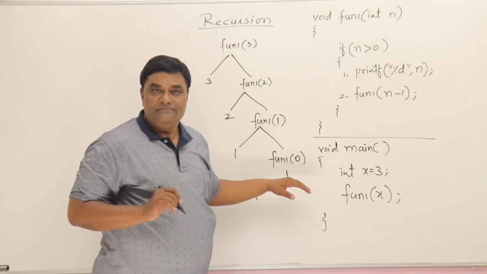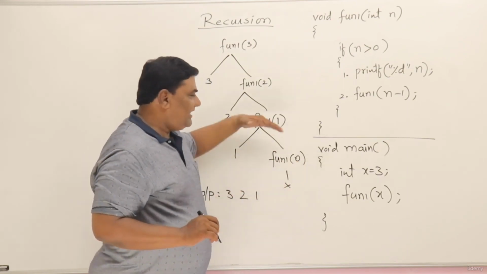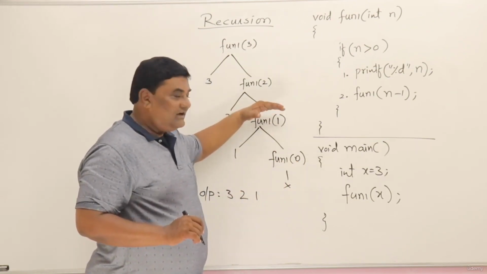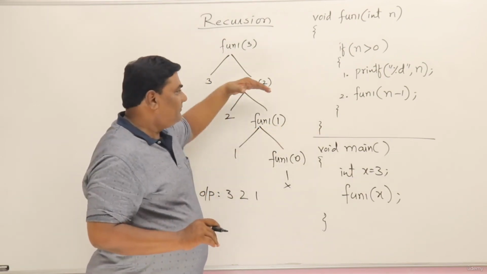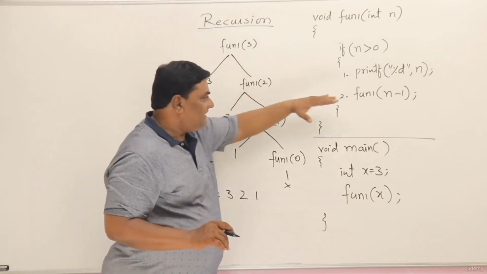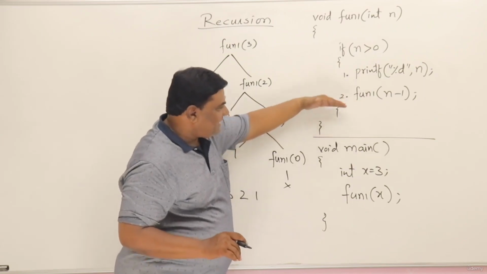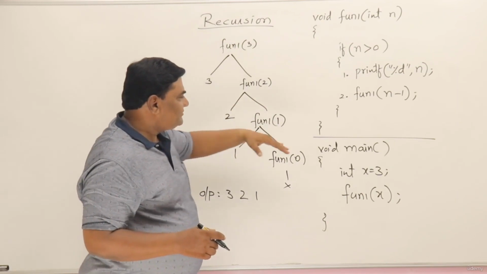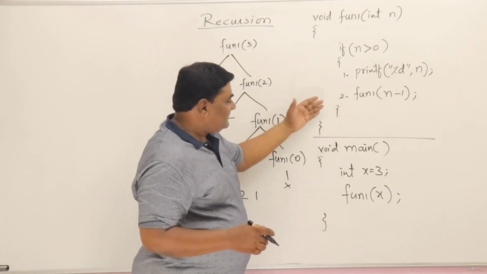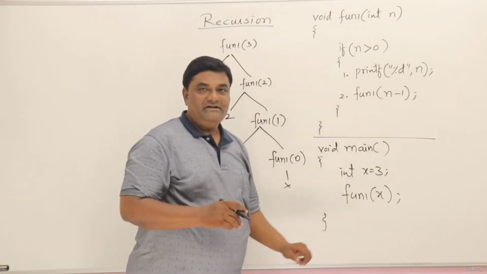Then what does it have to do? It will go back to the previous function and come out of the function. So this function finishes. It goes back to the previous function, that is in this line, and comes out. Afterwards there is nothing remaining, so it will simply come out and go back to this function and come out of this one. Then it will come back to main and terminate.